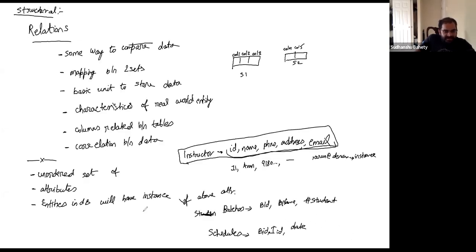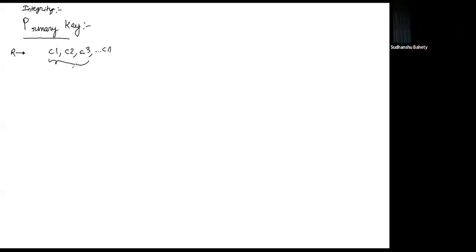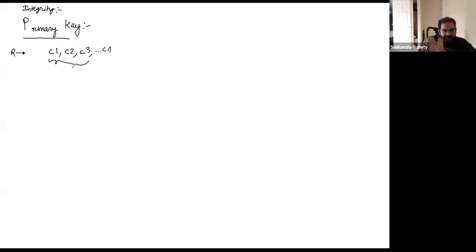One more quick jargon: entities and tuples, I will use either way. I will say that this is an entity, this is also a tuple. So a primary key is a subset of attributes, and if you pick that subset on any tuple, it will uniquely define all the other values for all the other attributes of that tuple.